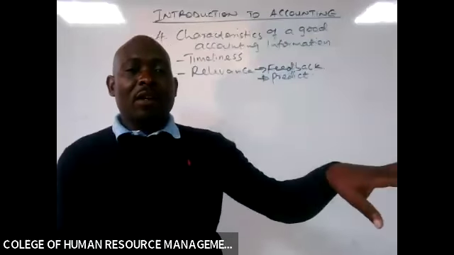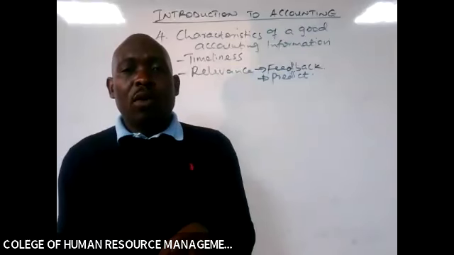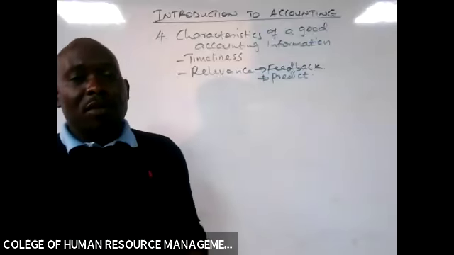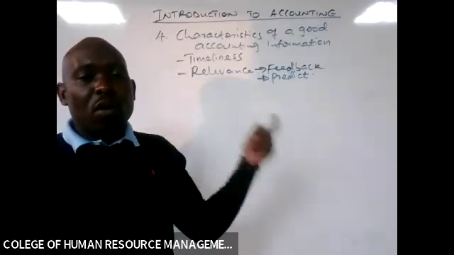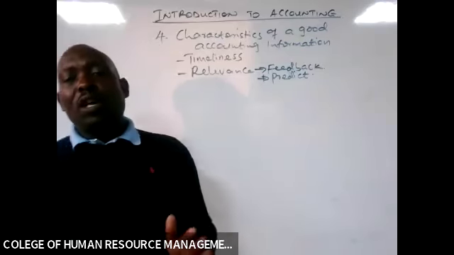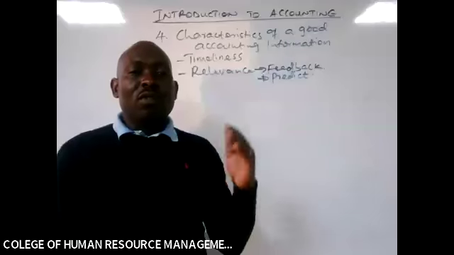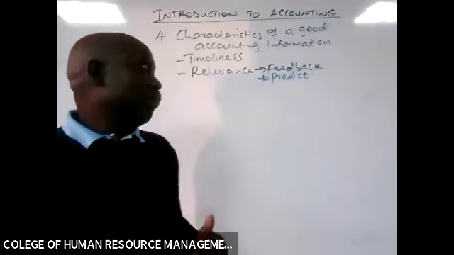So it should be able to give me the feedback, what I was looking for, and it should also assist me to forecast what might happen in the business in the future. If the information is able to give me the two of them, then that information will be said to be relevant. On the bottom line, relevant information is information that will be able to satisfy what you are looking for.